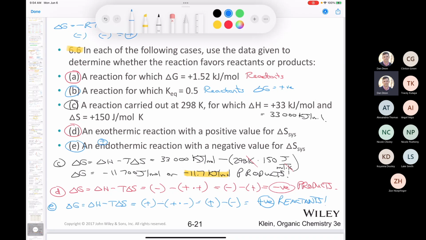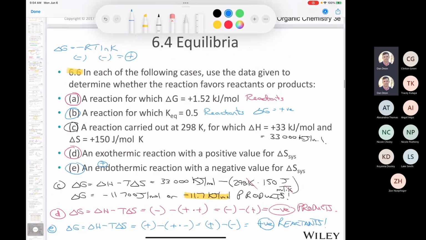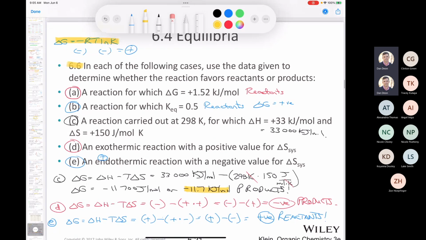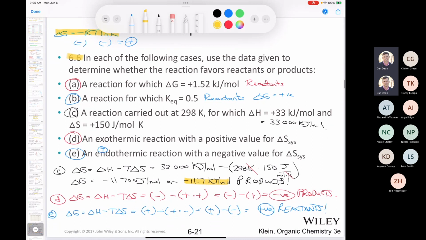Is everybody with me on that problem? Again, it's just kind of a quick run through of, do we understand the formula delta G is equal to delta H minus T delta S? Do we understand how K equilibrium relates to free energy? I didn't go into all the details that you would have gone into in Gen Chem 2. If you need to go back and review that, do it. But I've covered the crux of what you need to know, or everything that you need to know for this class, for the first 4 sections.